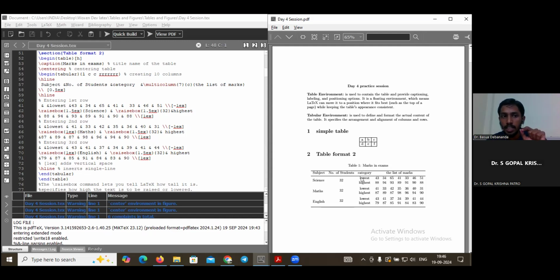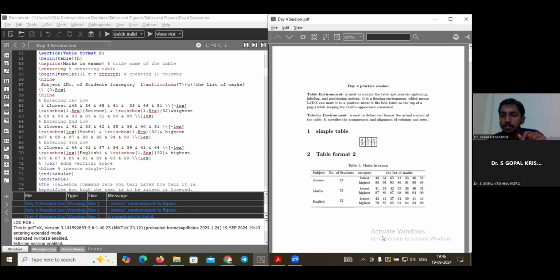Mostly 3 columns are there. The first column is left aligned. The second column I want centered, that's why I have written C. And the third column is divided again into 7 columns.